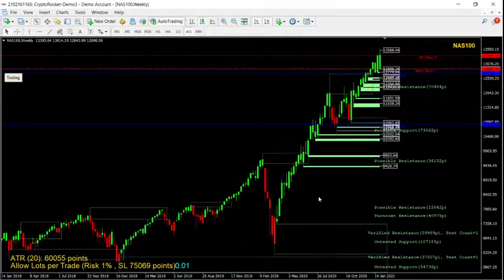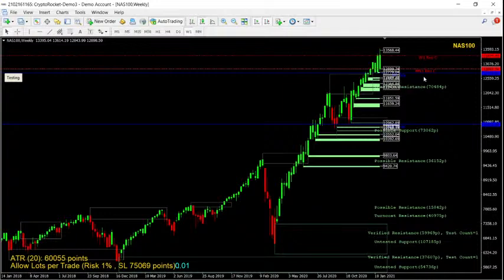NASDAQ, it took a big dump this week, but still a green Heikin-Ashi, so it just looks like a pretty natural pullback. You got a lot of nested demand here, so it's probably going to bounce off of this level.